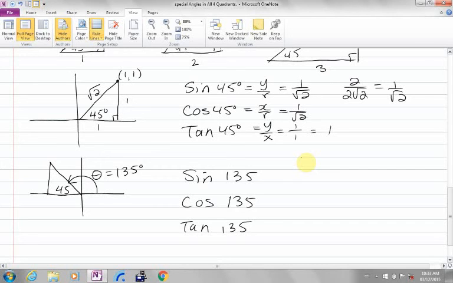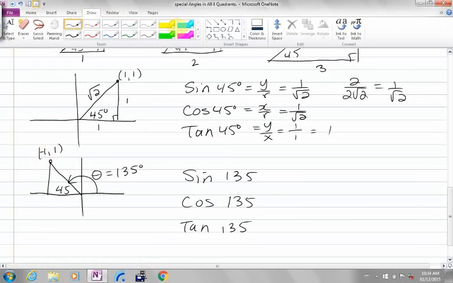Because now this point here, instead of being 1, 1, is negative 1, 1. So the ratios that have x in them, namely cosine and tangent, are going to go from positive 1 over root 2 and positive 1 to negative. But that's the only piece that's going to change, right? Everything else is exactly the same.